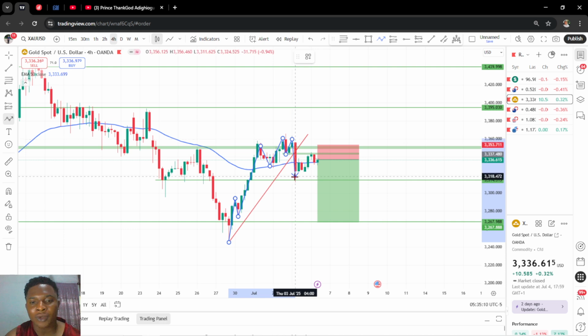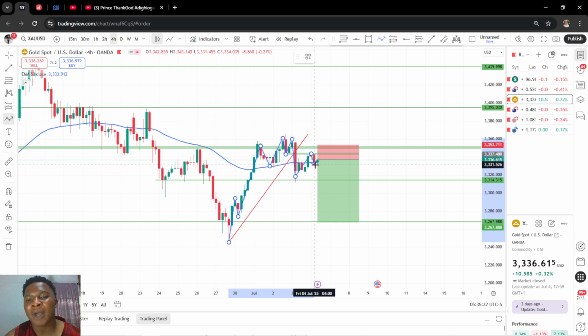Then it created another lower low, lower than the previous low. You guys can see this was supposed to be a higher low, but it was lower than the previous low. And see the two lows, it engulfed the two higher lows and formed another new lower low, and now came back and created a new structure that is a lower high.